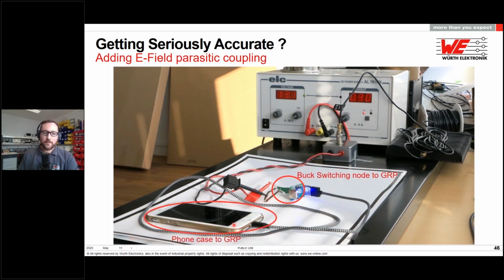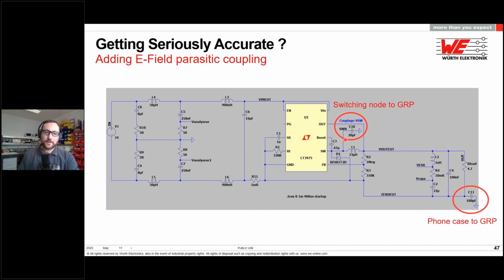And here we also have the coupling of my load, which in this presentation was a phone. So then there is the coupling of the phone case to the ground reference plane. So in our EMC simulation, we have to add these two couplings.